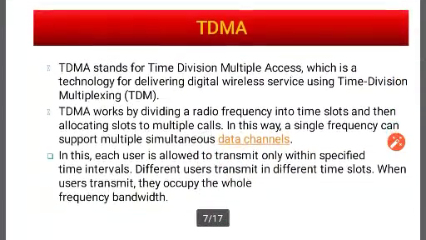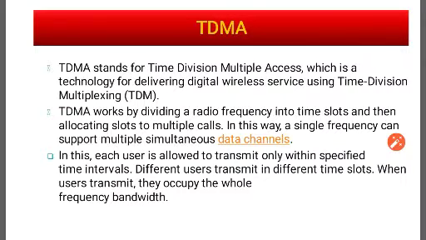Since we have understood that GSM uses a narrowband TDMA, let us understand what this TDMA is. TDMA stands for time division multiple access. It is the technology for delivering digital wireless service using time division multiplexing.